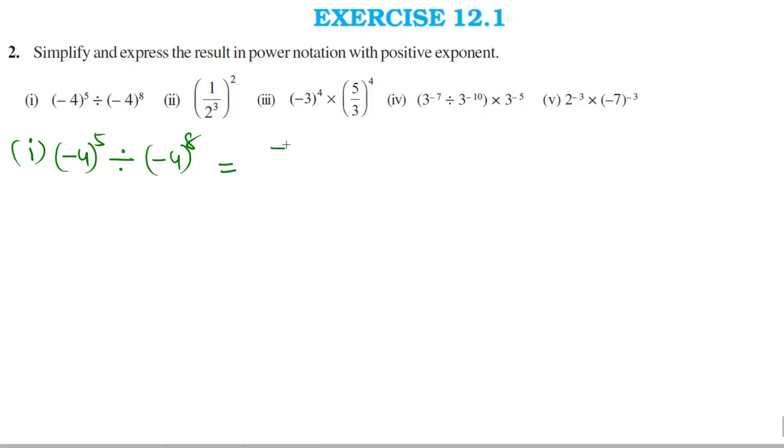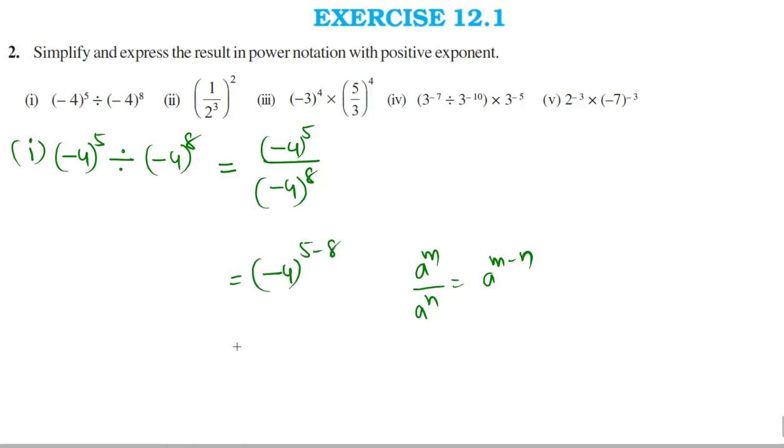We can write this as negative 4 whole to the power of 5 divided by negative 4 whole to the power of 8. We can use the identity a to the power of m by a to the power of n is equal to a to the power of m minus n. So this can be written as negative 4 whole to the power of 5 minus 8, which is negative 4 whole to the power of minus 3.